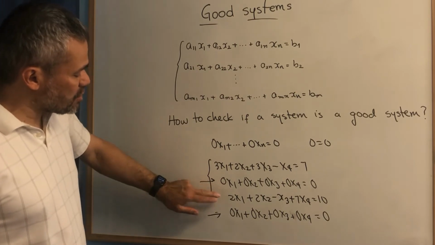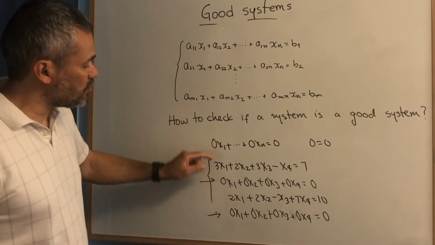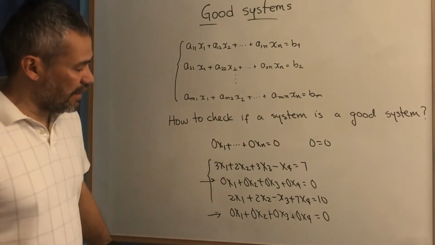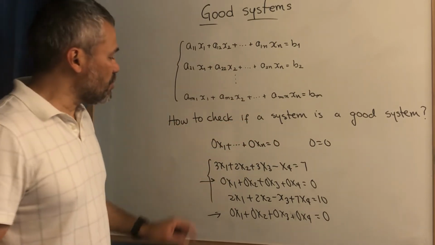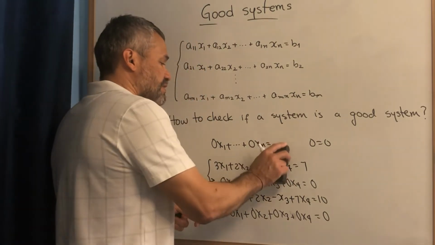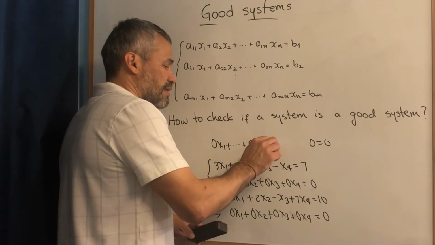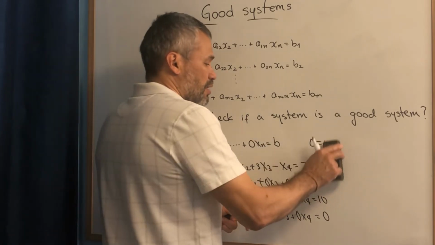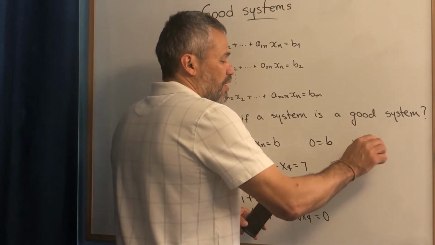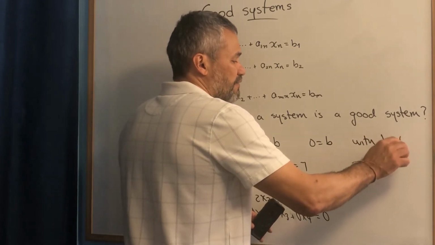We will have to change the order of these two equations so that the equations of this type must be at the end. The other condition is that if we have an equation of this type, equal to some b, that means 0 equals b, with b different from 0.